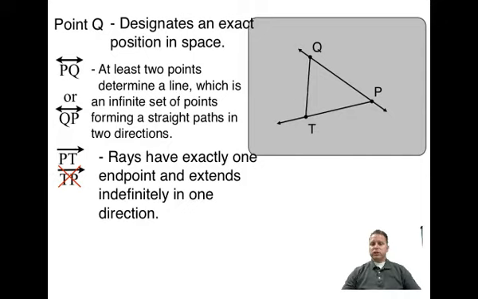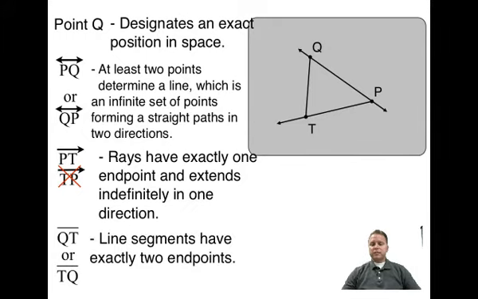Let's connect Q to T straight with no arrows. That's known as a line segment, and when we identify it, we put just a line with no arrows up top. And line segments have exactly 2 endpoints, so they have a beginning and they have an end.